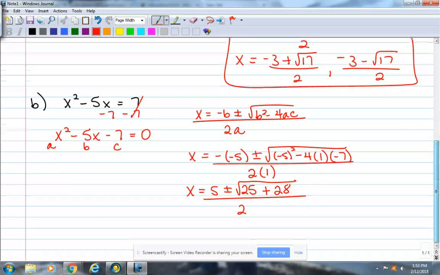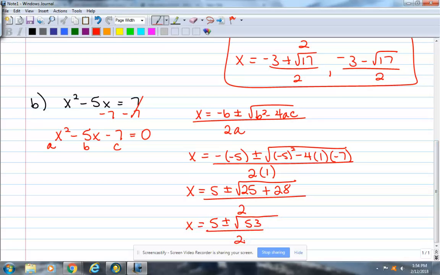Now what do we need to simplify, y'all? What simplifies next? Yeah, under the radical, 25 plus 28 equals what? 53. Divided by 2.